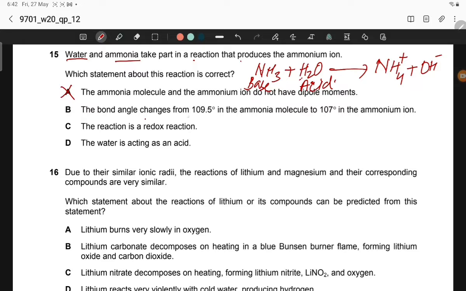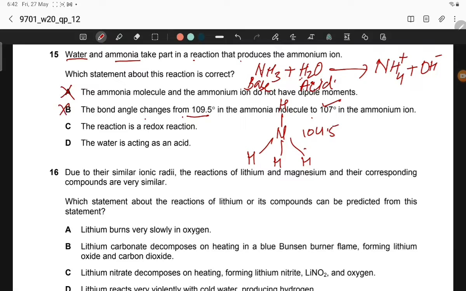The bond angle changes from 109.5 in the ammonia molecule to 107 in the ammonium ion. The ammonium ion is tetrahedral, so its bond angle is 109.5, and ammonia has 107.